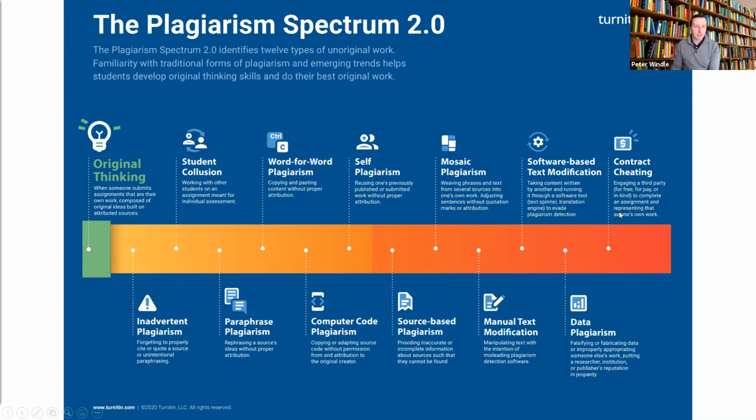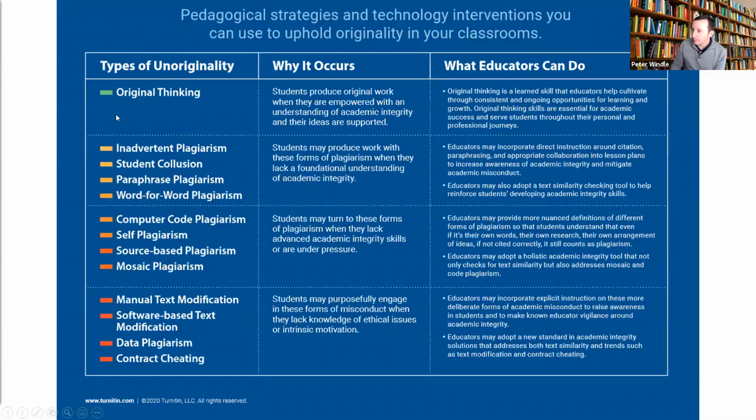So using essay mills, basically contracting someone else to write your essays for you. Turnitin can pick up on styles of writing and recognize these things as well. So again, it's a very powerful tool in terms of that. And they also give you some strategies for what you can do to help your students recognize and overcome these issues as well.